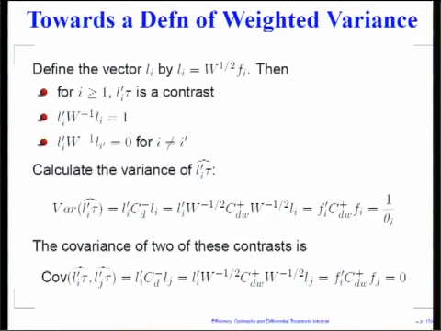And these properties make it very easy to calculate variances and covariances for these Li transpose tau contrasts. Variance of Li transpose tau hat is just 1 over the corresponding eigenvalue. And covariance of two such contrasts is always 0. Okay?